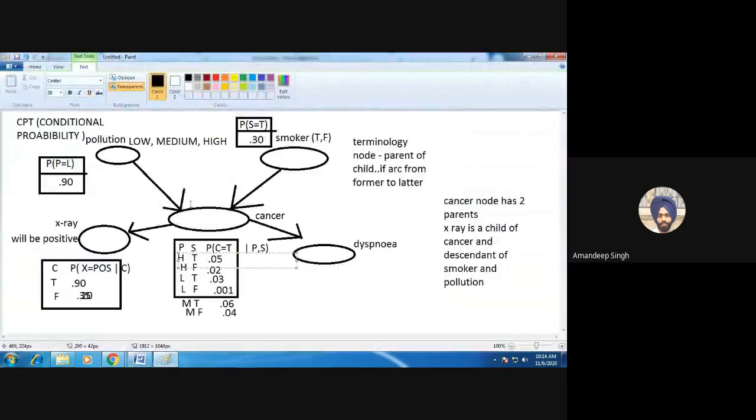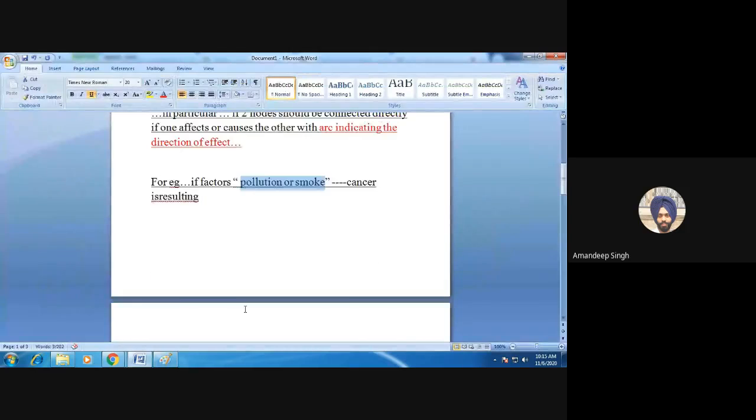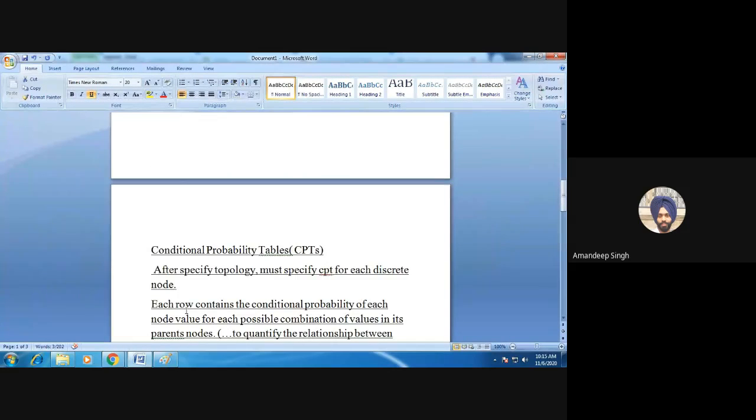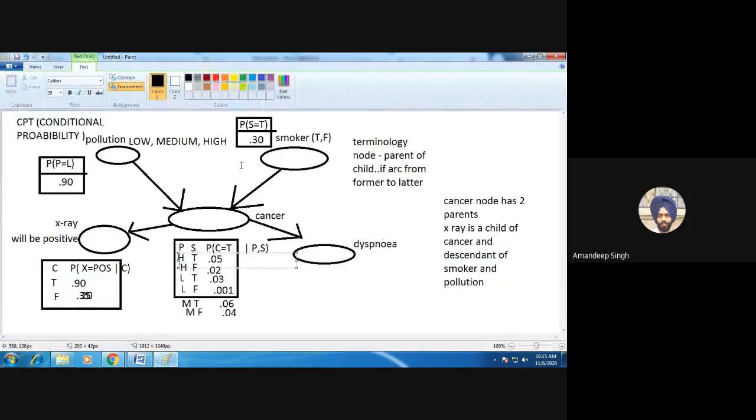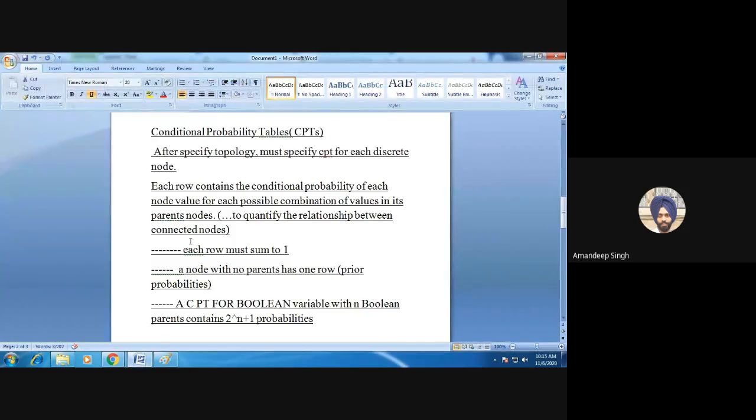The pollution and smoking factors were leading to the cancer node, and further the cancer will be affecting the positive X-ray reports and the disease itself, that is dyspnea. And once you have this Bayesian network in place, you can build the conditional probability tables. You need to describe the conditional probability tables for each node. That is what we discussed here.